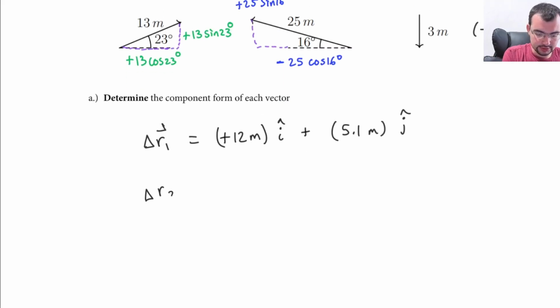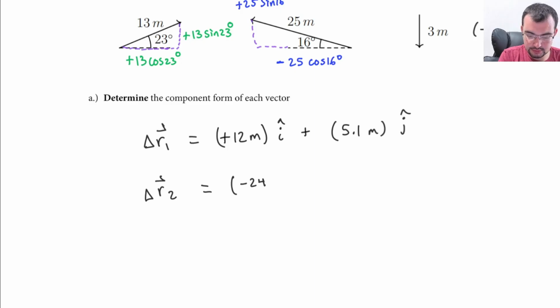Then delta R2, breaking that one down. We have to remember to put in the negative there. So 25 cosine 16 is really close to 24, but it is negative because that is a leftward vector.